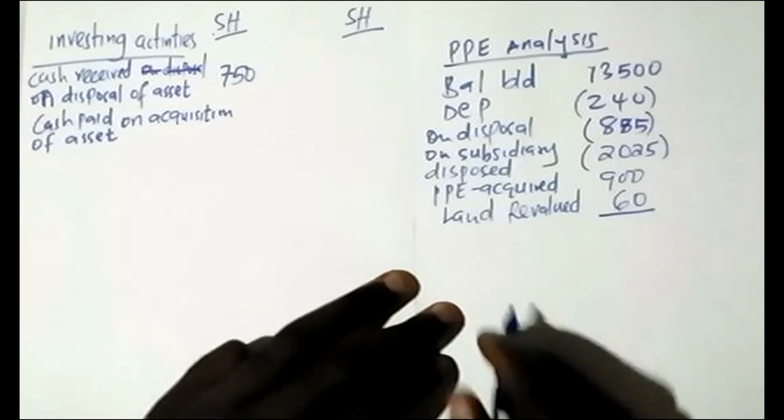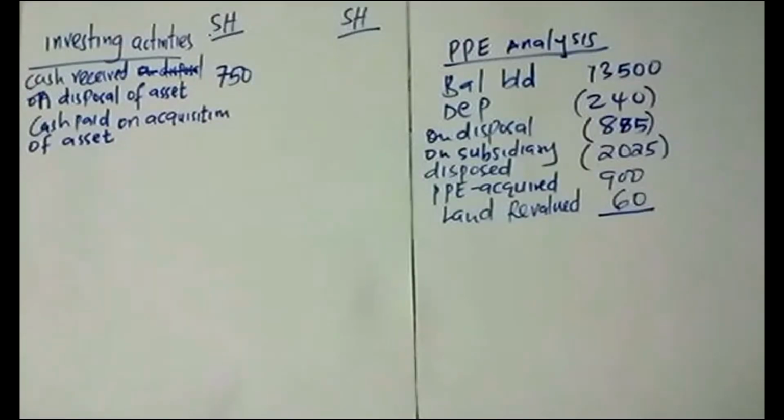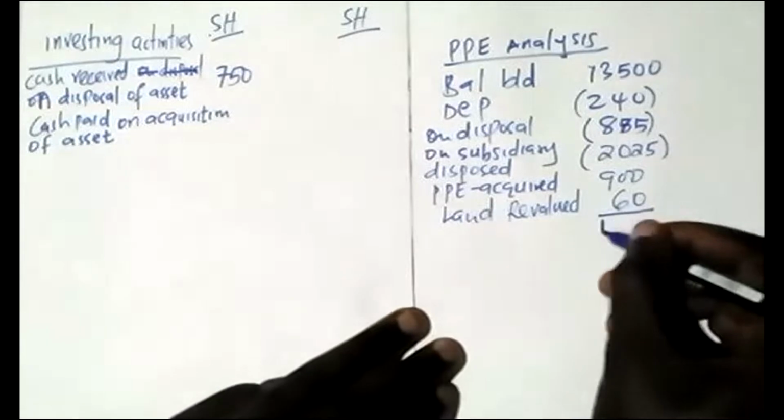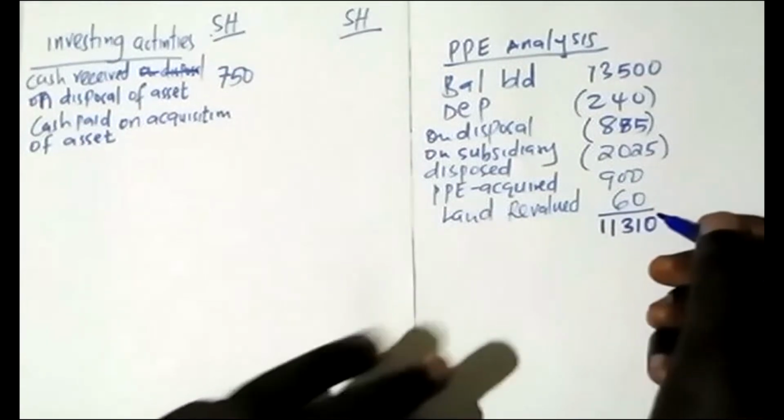So up to that point, what are you getting? If I take 13,500 minus 240 minus 885 minus 2025 plus 900 plus 60, I'm getting 11,310.